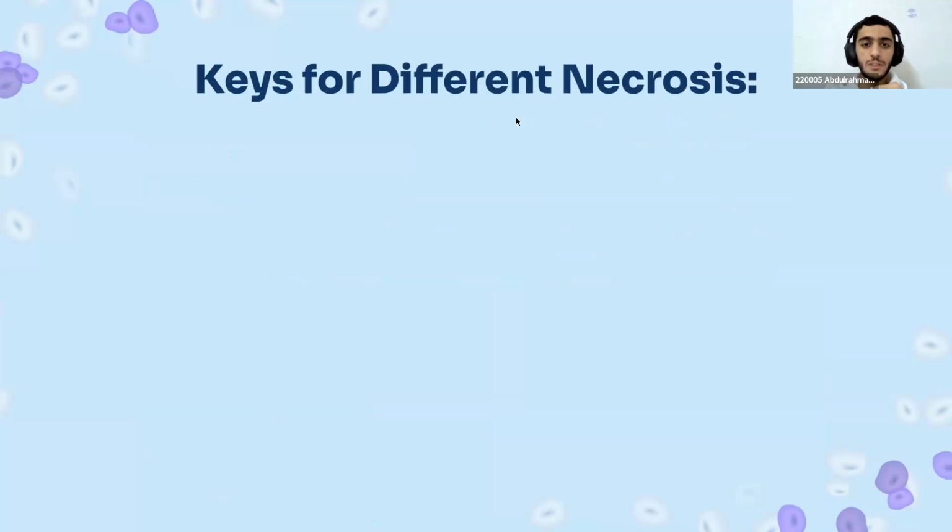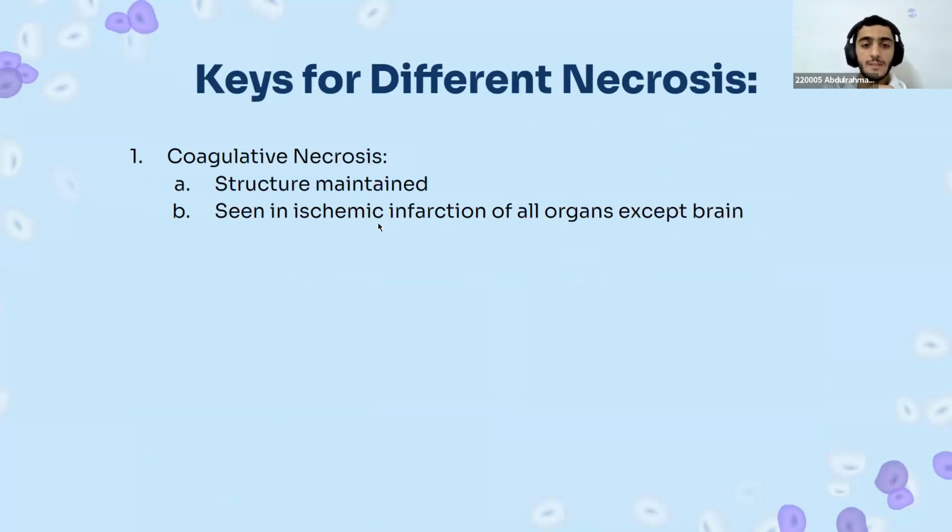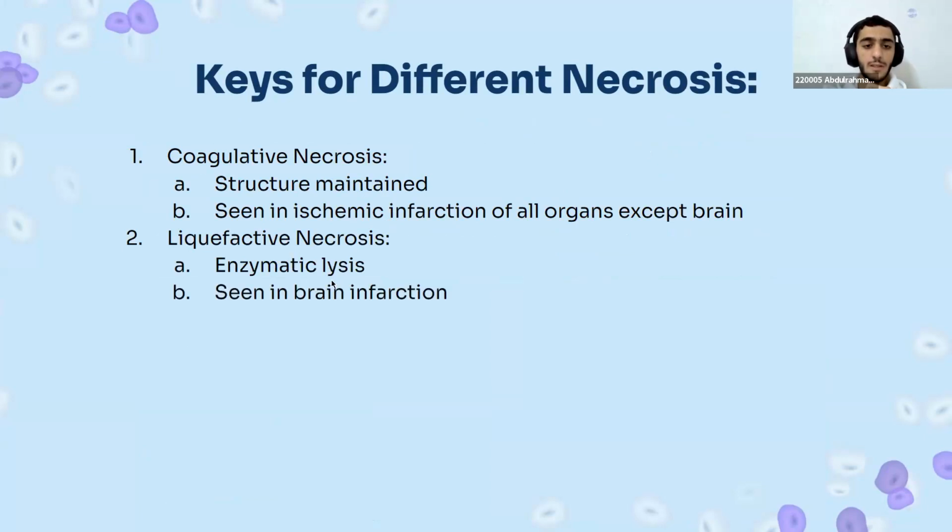Okay, so this here is the final summary that we made for you to differentiate between the different types of necrosis that you might get in the questions. Coagulative necrosis, the structure is going to be maintained. It's seen in ischemia of all organs except the brain. Liquefactive necrosis is enzymatic destruction seen in brain infarction, bacterial infection, and abscesses, as Shahd explained earlier.